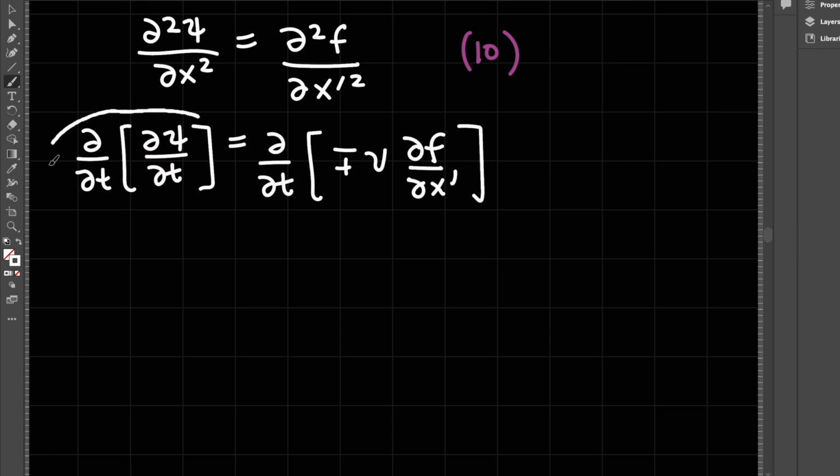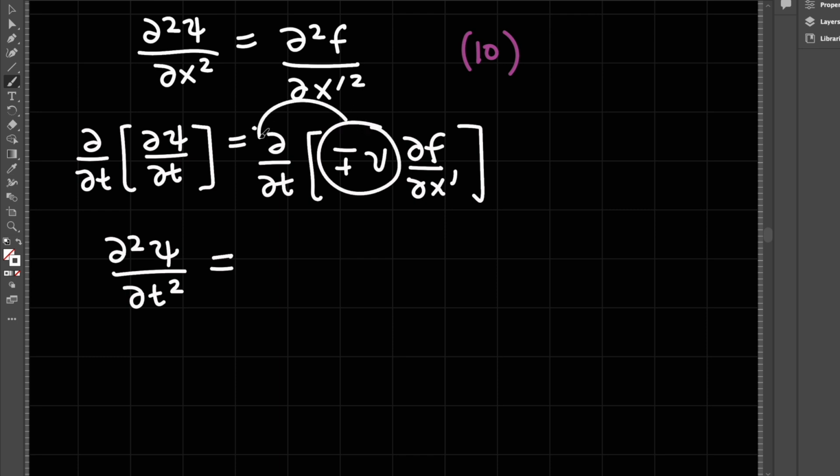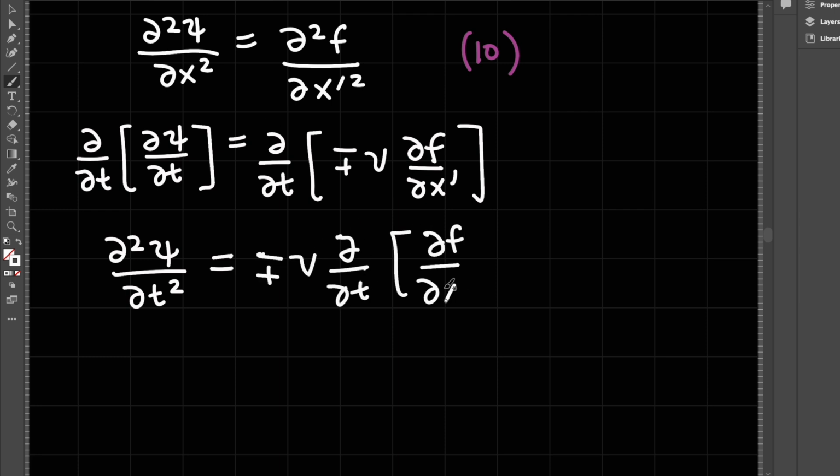We could actually write this as the second order partial of psi with respect to time, which is equal to, I could put negative positive v outside the partial differential operator since v is constant in our case. Again, we can use the chain rule.